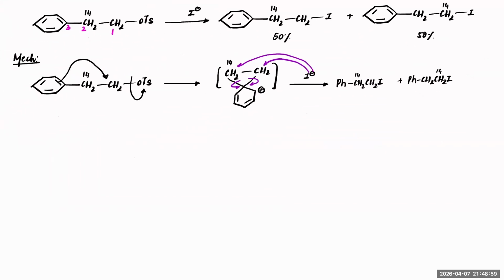So remember, NGP is best observed in 1,3 pi cloud support.